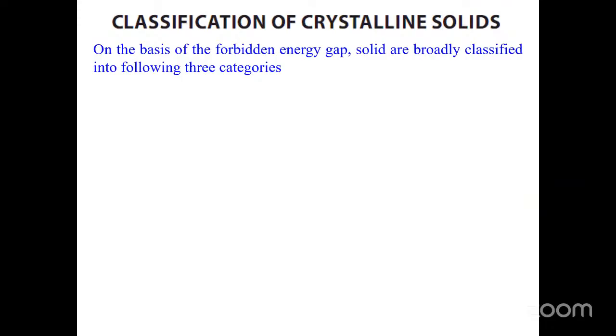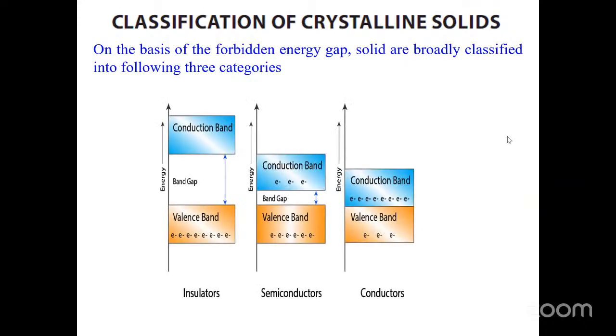On the basis of the forbidden energy gap, solids are broadly classified into three categories: one is the insulator, another is the semiconductor, and the last one is the conductor. Now we will discuss this very, very important concept.